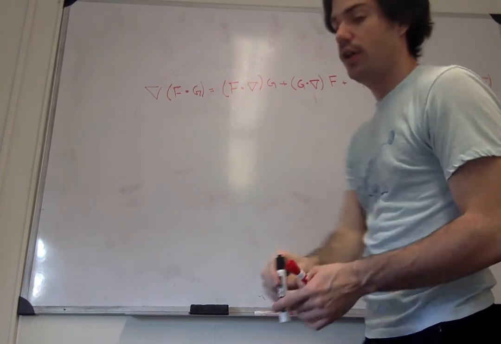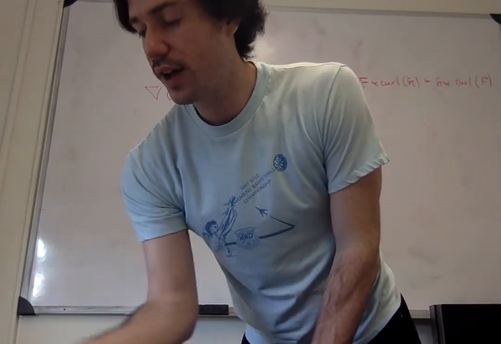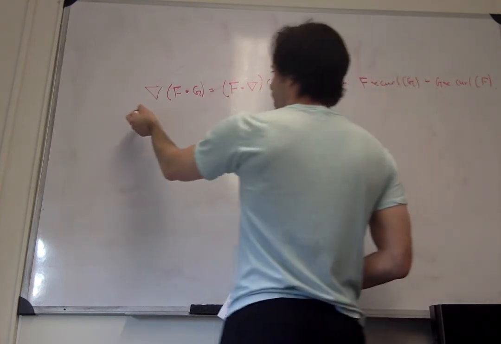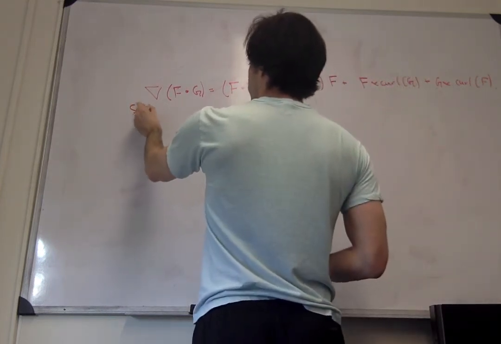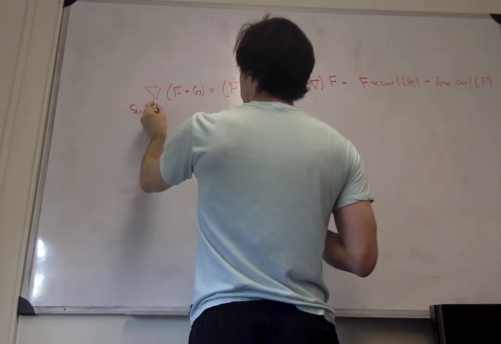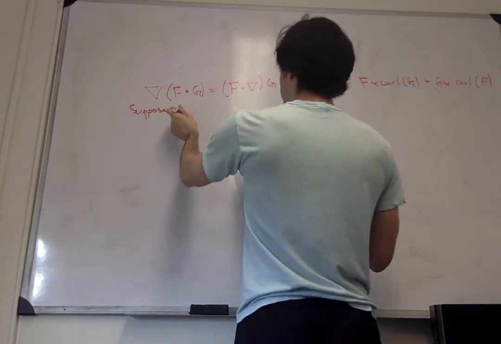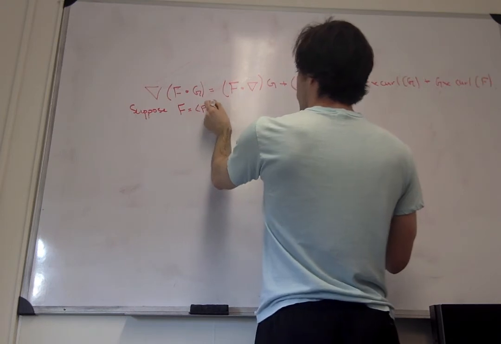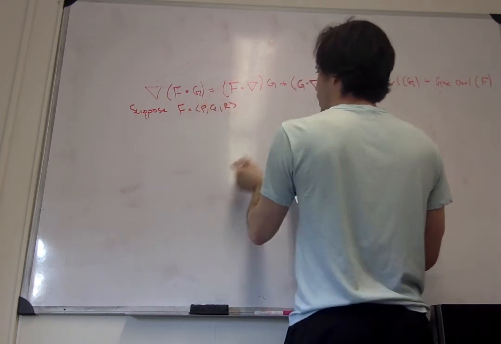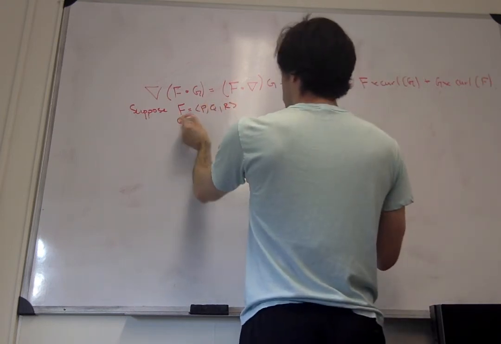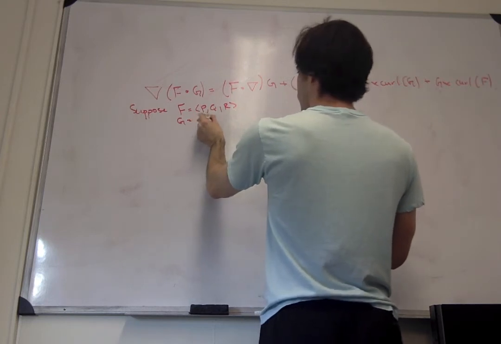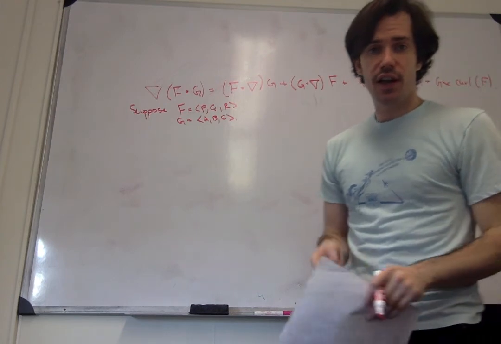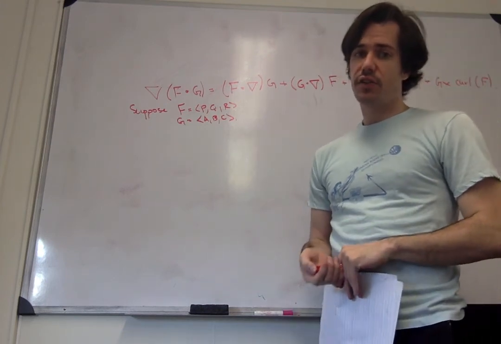So, I'm going to work on the right-hand side. Suppose F equals P, Q, and R, and G equals A, B, and C. And each of these are going to be functions of x, y, and z.